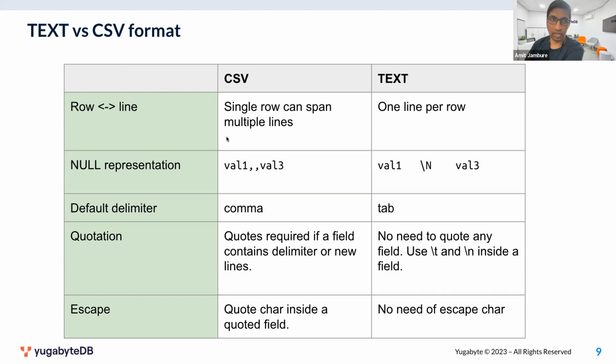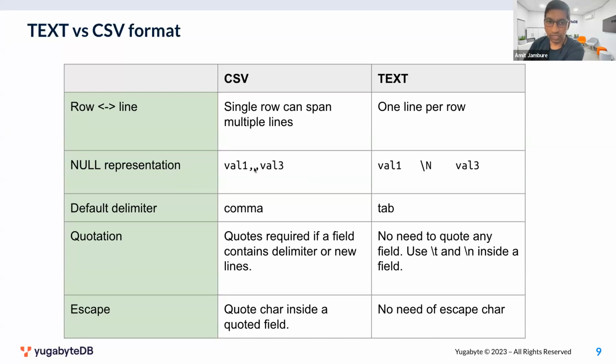If you look at the differences between CSV and text files, in CSV, a single row can span multiple lines. Imagine one JSON column, one column containing a pretty formatted JSON value. Such a row can span hundreds of lines in the file. On the other hand, in text files, irrespective of size, every row is one line.